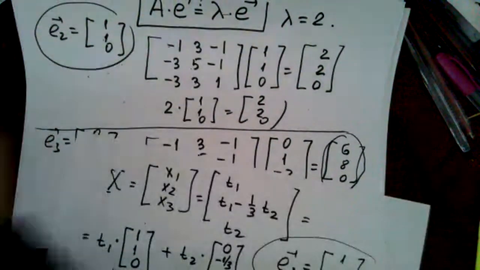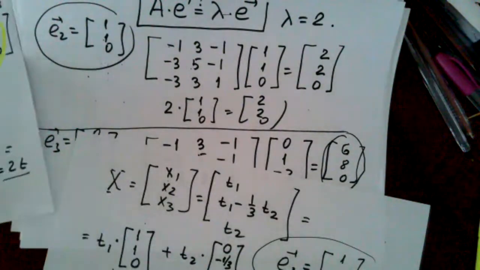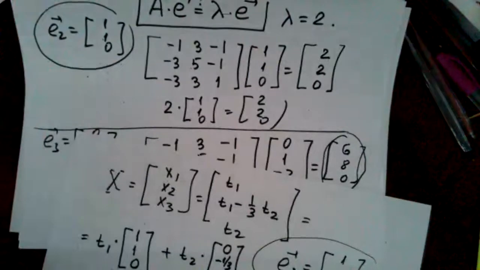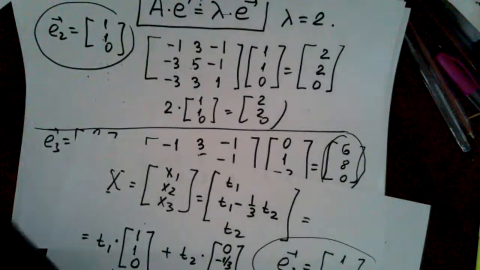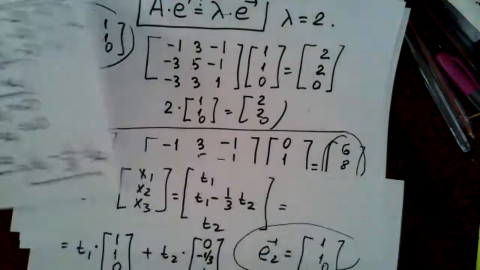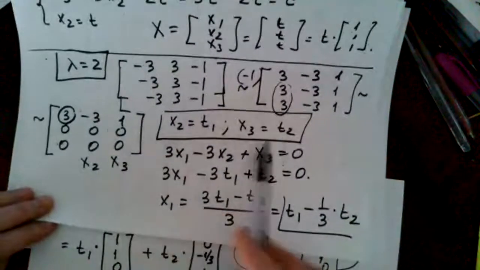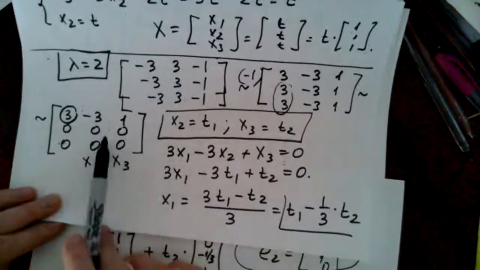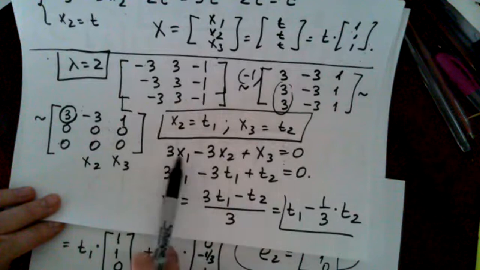Very good situation, actually. I'm really happy that I made a mistake, because the whole purpose of this tutorial was to teach you how to find mistakes, and all of a sudden I did make this mistake. So x3 was... let's go over our transformations from the very beginning. So I had x2 equal to t1, x3 equal to t2, right?